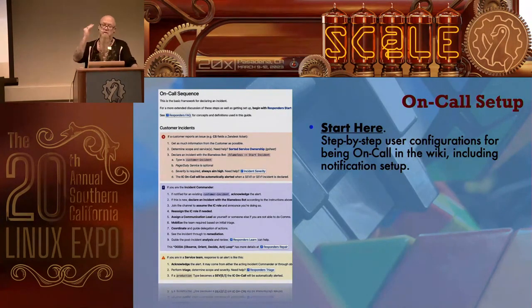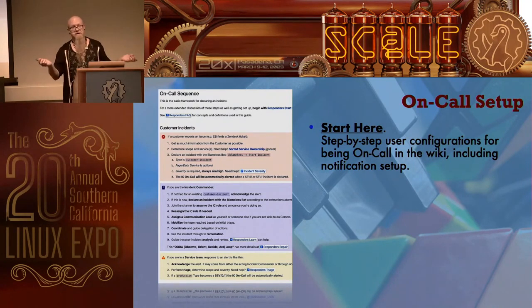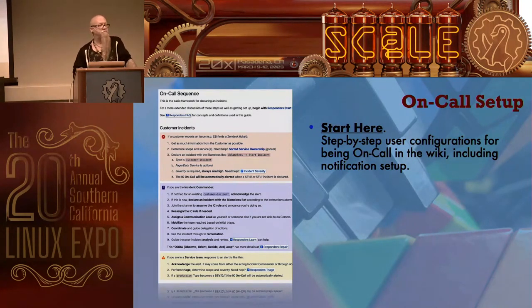Go to PagerDuty, set this up, enter your phone number. You must set up your escalation in PagerDuty. By the way, if you don't know, there is no default escalation in PagerDuty. You must set it up. So we would have people that would go onto their on-call shift, they didn't know this. They just left their default PagerDuty escalation in there, and we couldn't get a hold of them. So we made sure that that was in the wiki.